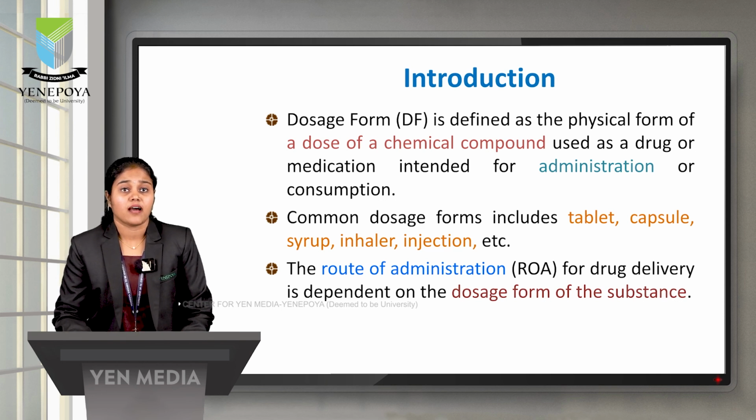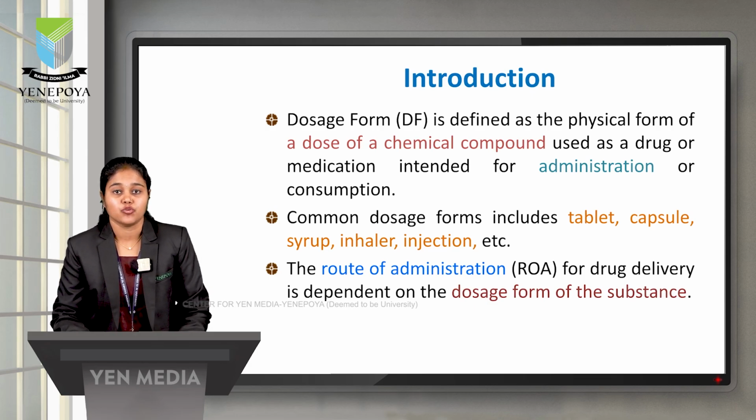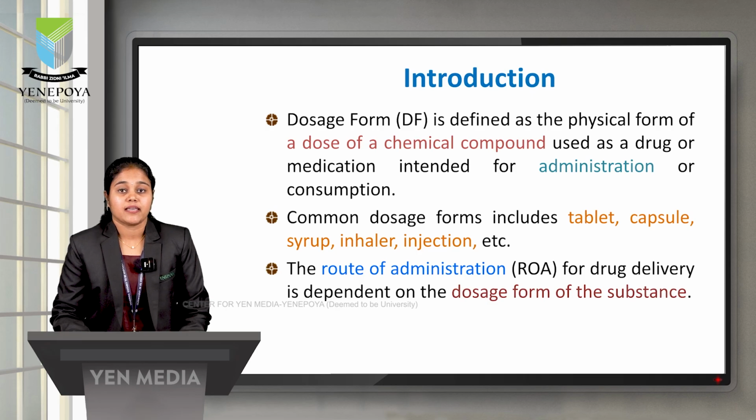Other than the active pharmaceutical ingredient, it also contains excipients. Now what are excipients? Excipients are ingredients added to the dosage form, but they do not have any pharmacological action. These are the inactive ingredients present in a dosage form. For example, if a patient is suffering with fever, we will give Calpol 500, which contains paracetamol 500 mg.